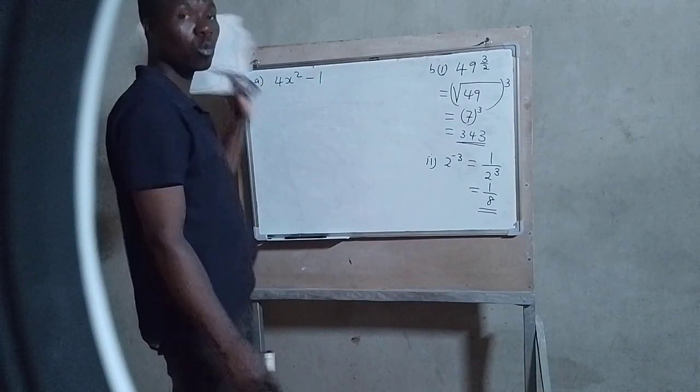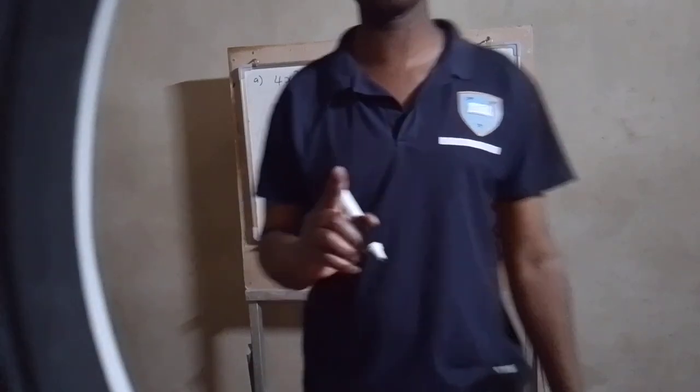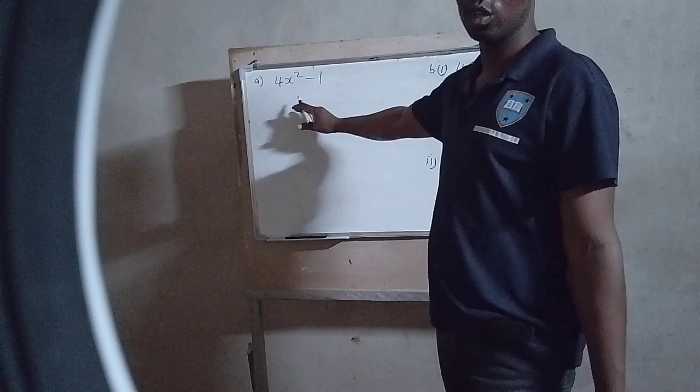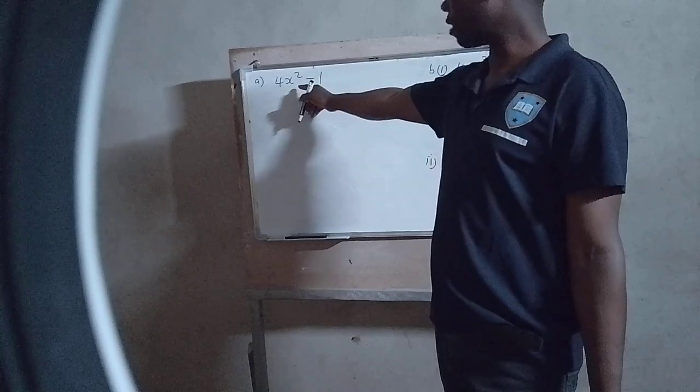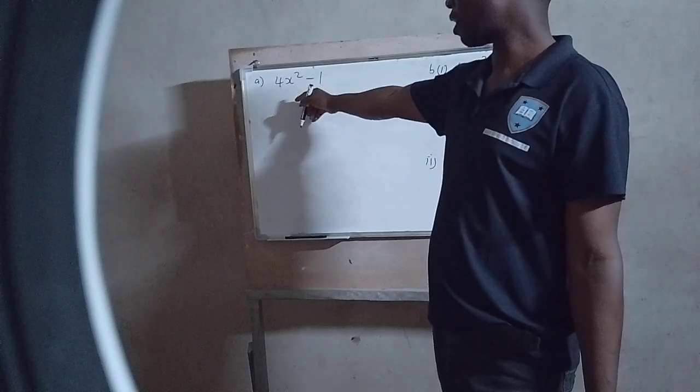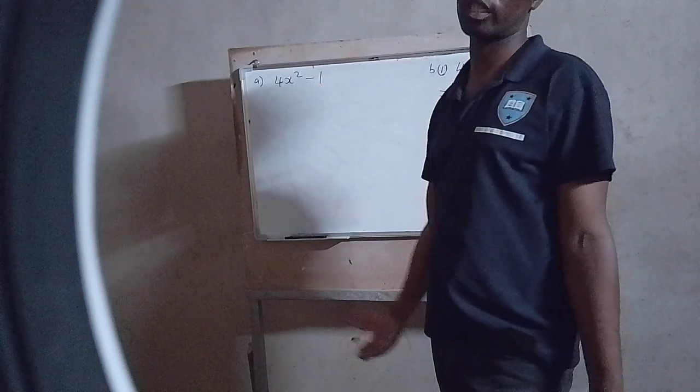First of all, we look for common factors. If there are no common factors, let's look for difference of two squares. So looking at this expression, we apply the difference of two squares.